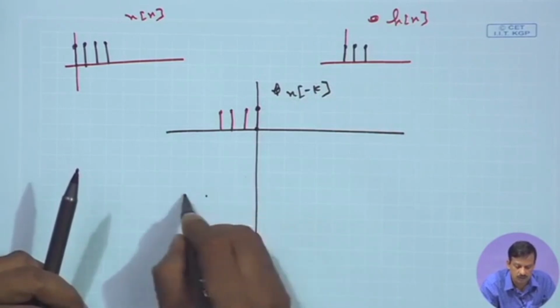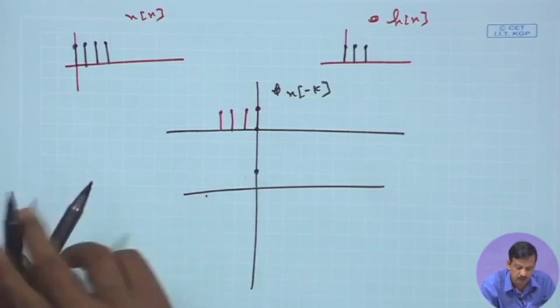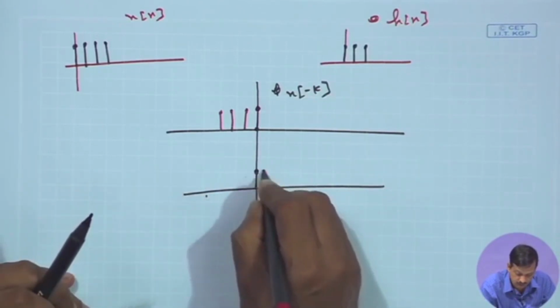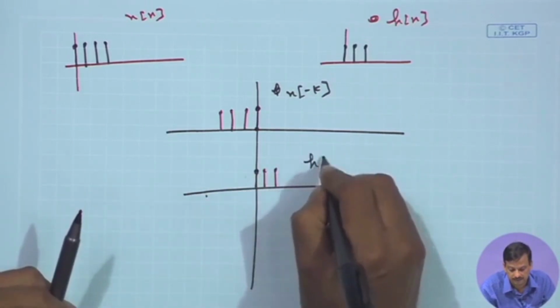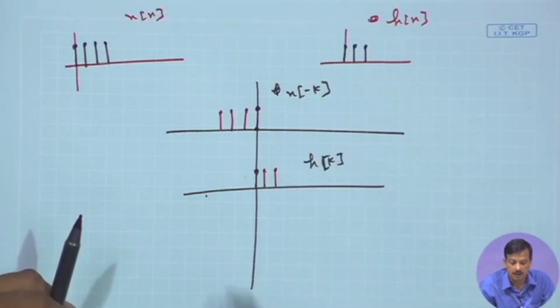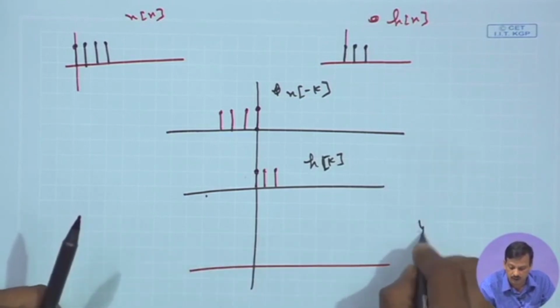Now, I use h[k], which is the first sample, second sample, third sample. So, this is h[k]. Now, what is my y? This is y[n].